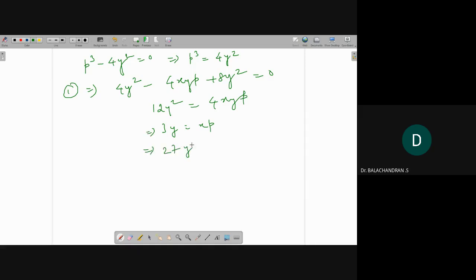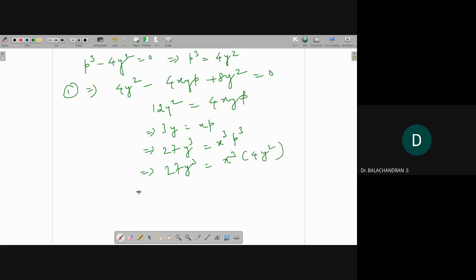So 27y cube equal to x cube into p cube. What is p cube? P cube is 4y square.